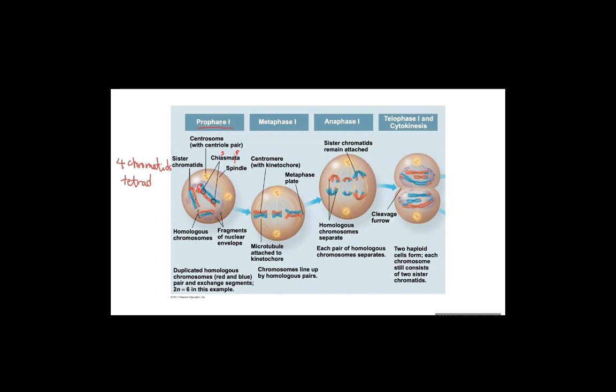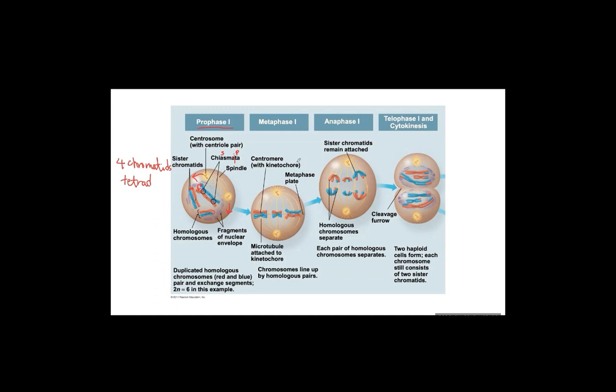The nuclear envelope is also dismantled. During interphase, the centrosome already duplicated and then starts to migrate to each pole. One centrosome moves to one pole, the other centrosome moves to the other pole. That is the phenomenon during prophase 1.